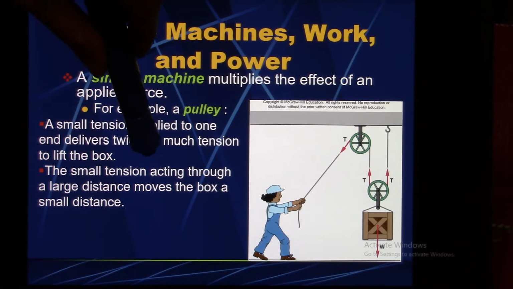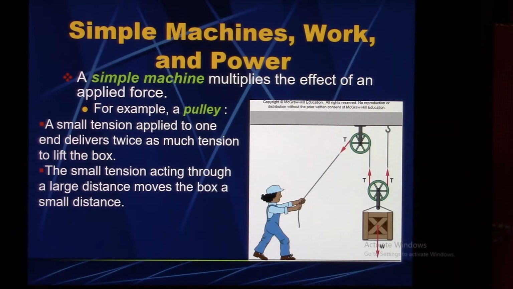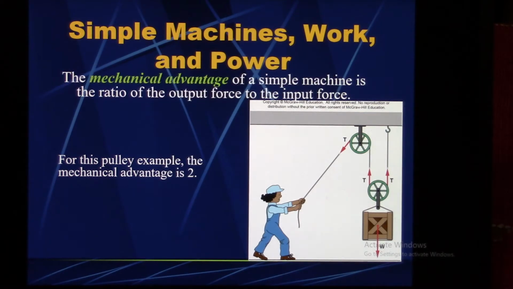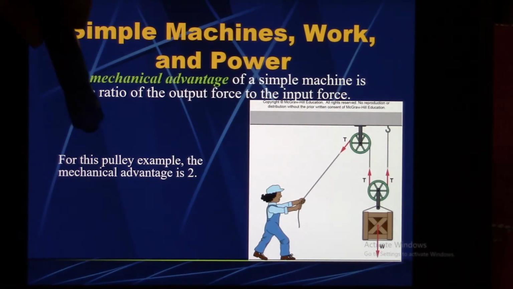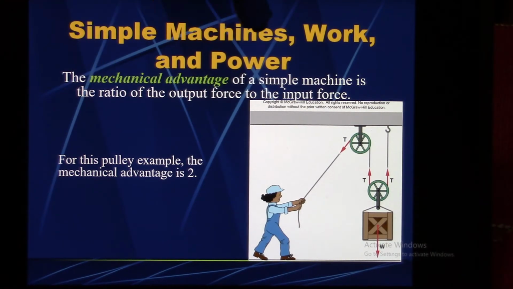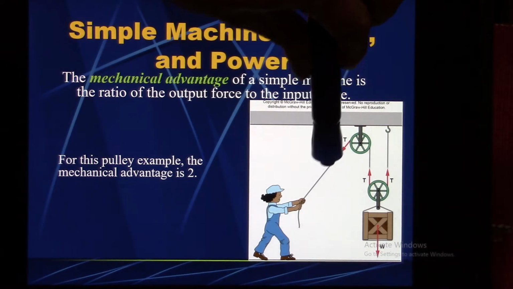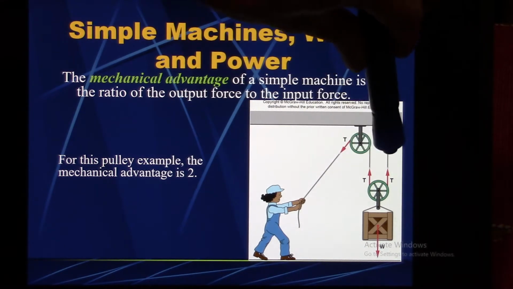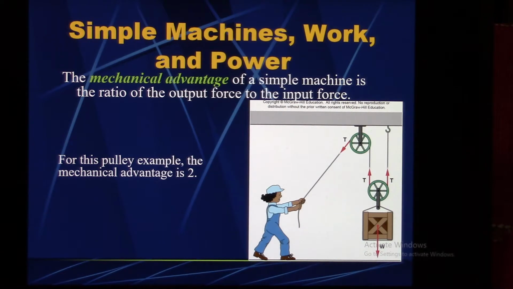The small tension acting through a large distance moves the box a small distance. Okay, so that's what I said. So here, the mechanical advantage is 2. You are able to lift 2 times as much weight. Not bad, right? Not bad. Of course, you have to pull this a farther distance.